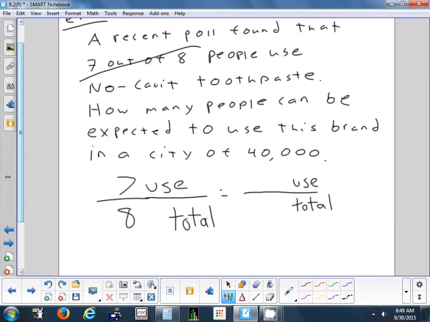Because how many people can be expected to use this brand in a city of 40,000? 40,000, that's the total amount of people living in that city. What's the only other thing I have to put? Just the X, right? It's just asking us how many people. We don't know how many people use it, but like Davin told us, out of a city of 40,000, that's the total amount of people living in that city. All right?